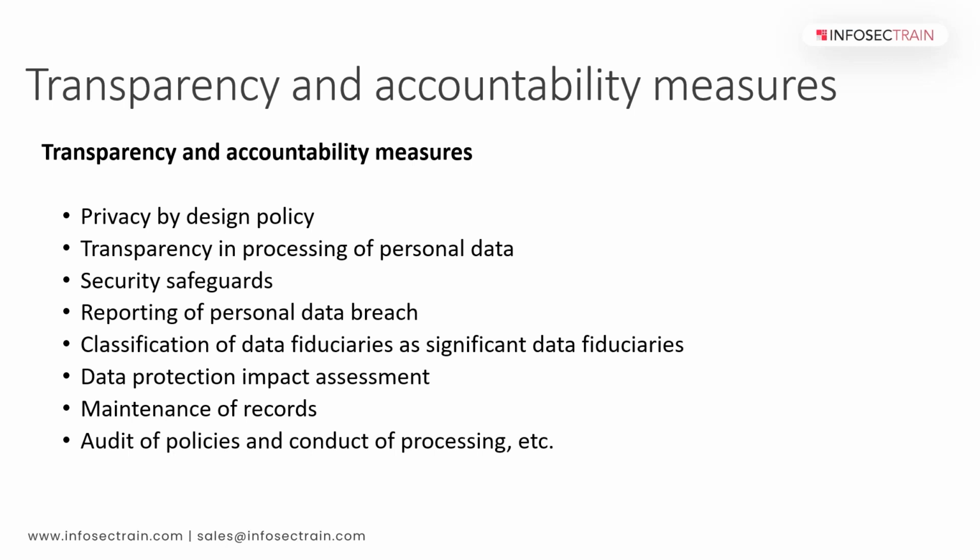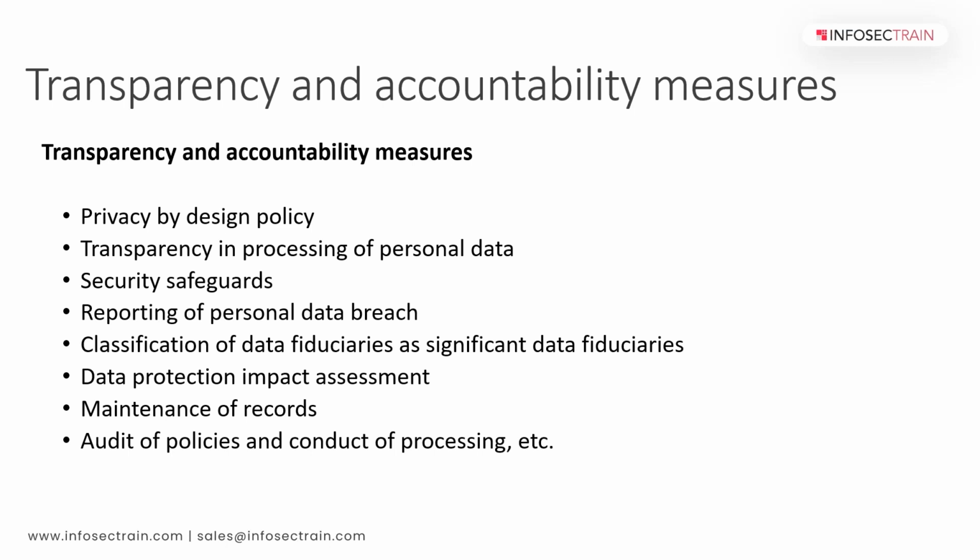Reporting of personal data breach: when a breach happens, when incidents happen, whoever is affected because of that, we are going to call those individuals and inform them that the data breach has happened. And then classification of the fiduciary, significant data fiduciary. Data protection impact analysis is similar to the risk management we have. Maintenance of records, audit of policy. Audit is also going to be part of it.